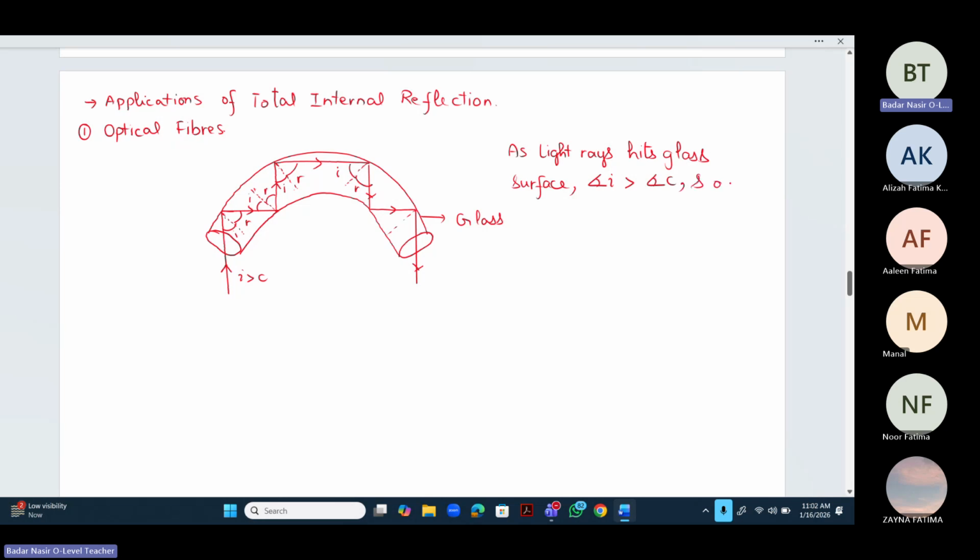So light undergoes total internal reflection. So since it goes through total internal reflection, we can say that the angle of incidence becomes equal to the angle of reflection.